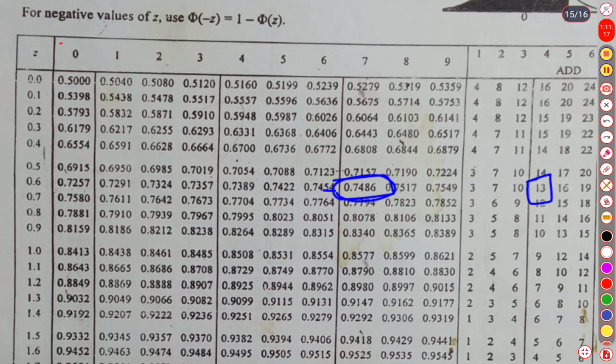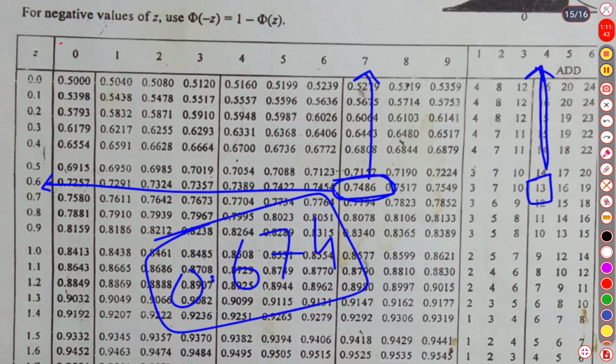So the row is 0.6, the column is 7, and after that another column is 4. So what is our corresponding z-score for probability 0.7500? Row 0.6, then column 7, then 4. So we have used 0.674.